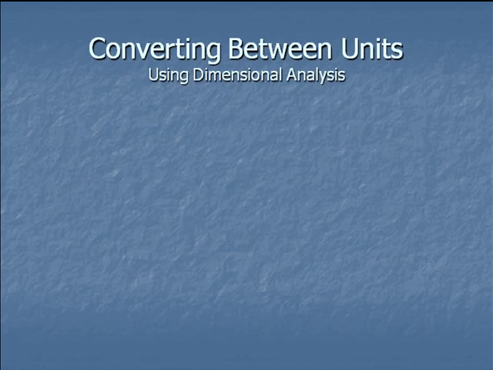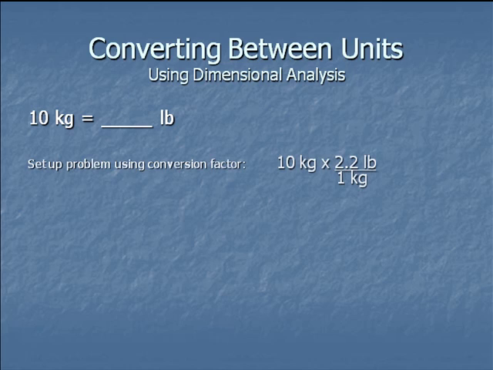A third method of doing this calculation is by use of dimensional analysis. Again, we are going to convert 10 kilograms into an unknown number of pounds. This time, we're going to set up our problem by starting with the item we're trying to change, in this case, the 10 kilograms.